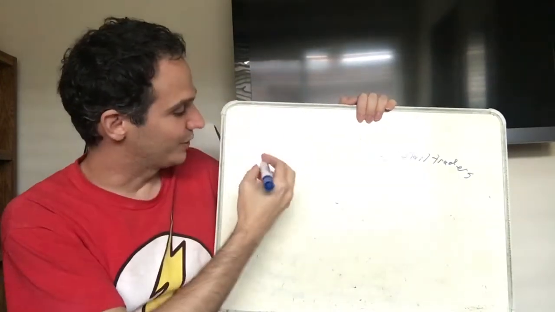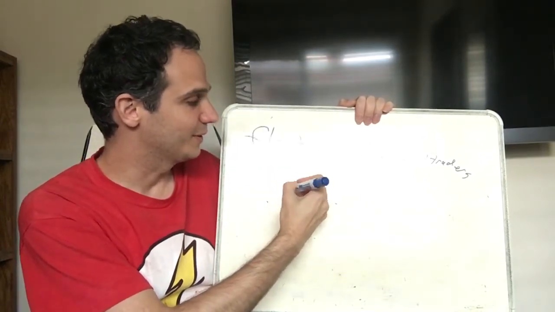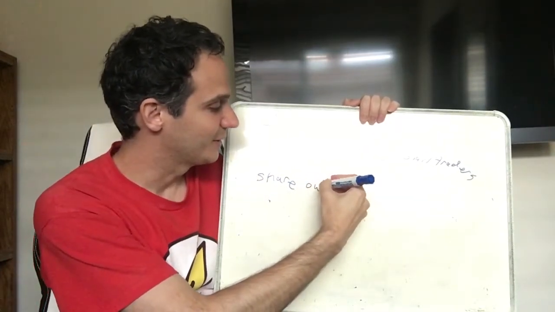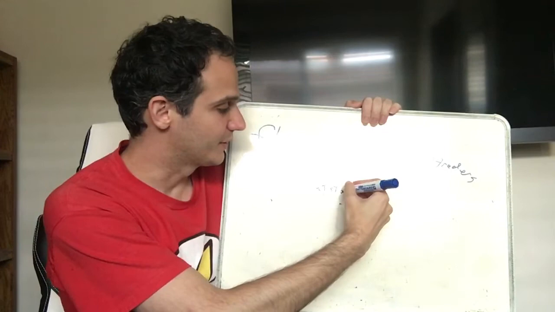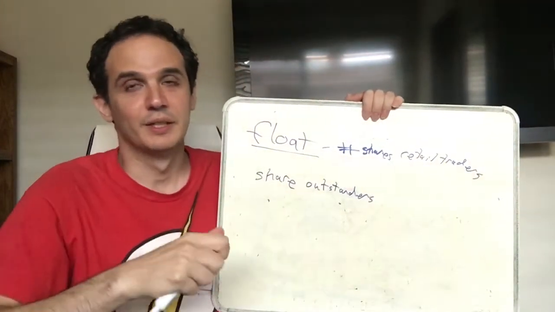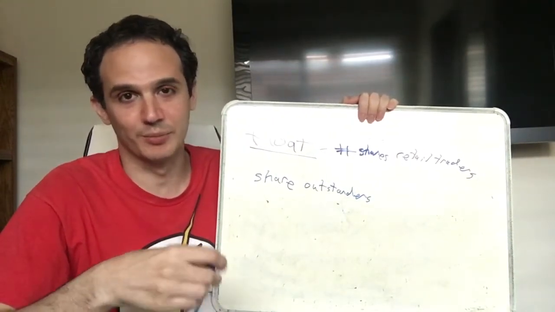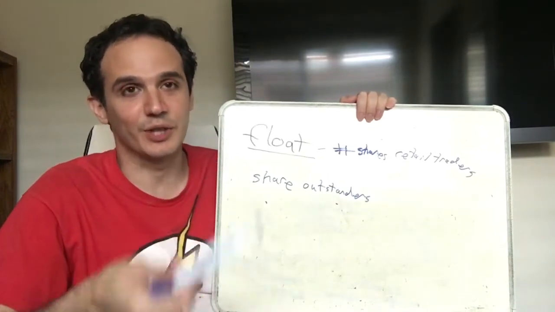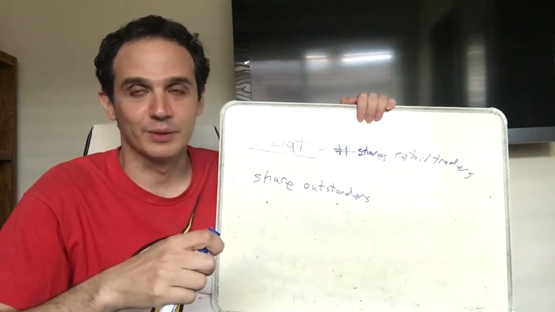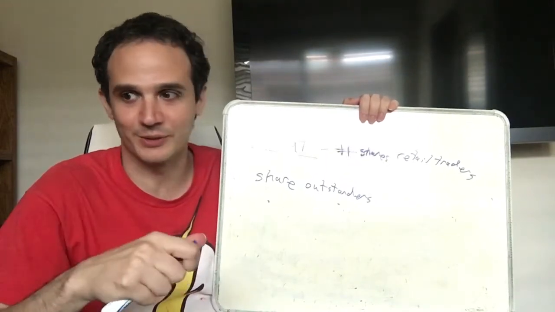And then the shares outstanding represent the float plus insider shares. So insiders can be people like the CEO, and then maybe people on the board of directors like a chairman or chairperson, or a COO, chief operating officer, or a CFO.